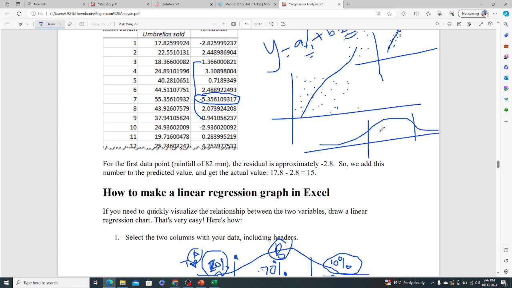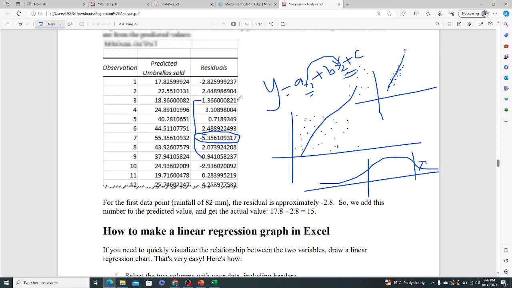Then also you will have small values of the residuals, like this one, negative 0.9, which might lie under this area. Positive or negative 2 might lie within this area and this area.